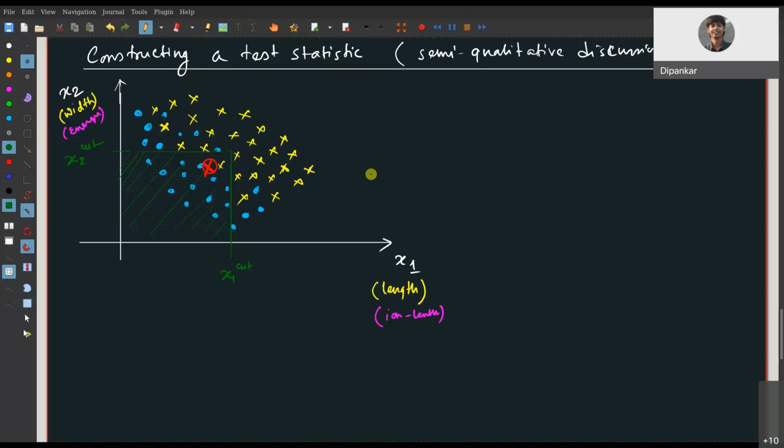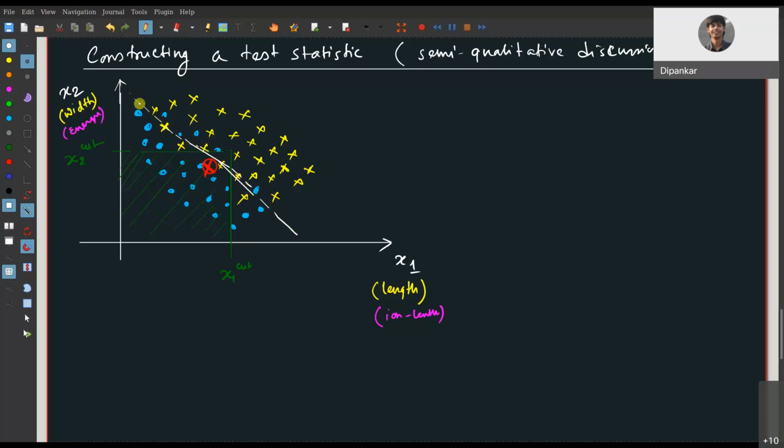Instead of putting individual carts on the data, you can draw an imaginary line through these points, let's say a straight line like this.